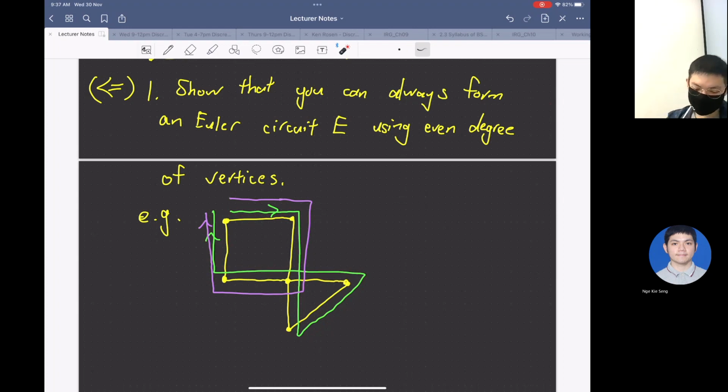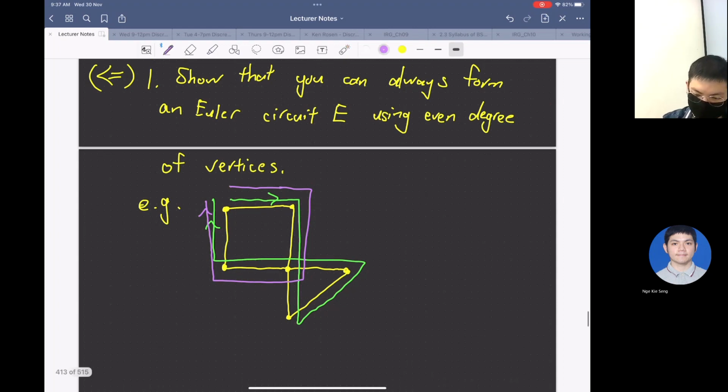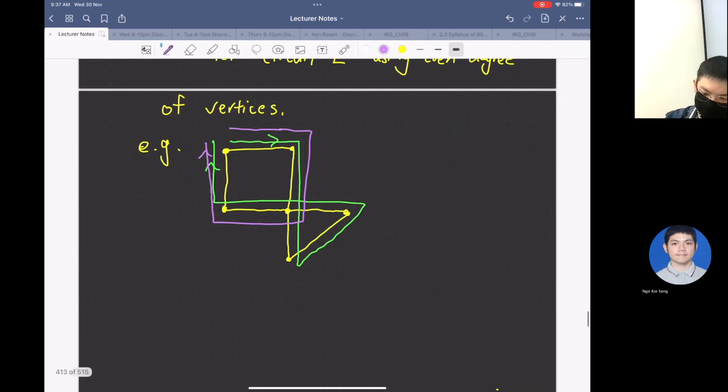Like okay, in general you might find the Euler circuit or you might find a smaller Euler circuit corresponding to a subgraph of the graph. Okay. So in this case, even if you get the purple one, that's fine because you can consider the subgraph that removes that part.